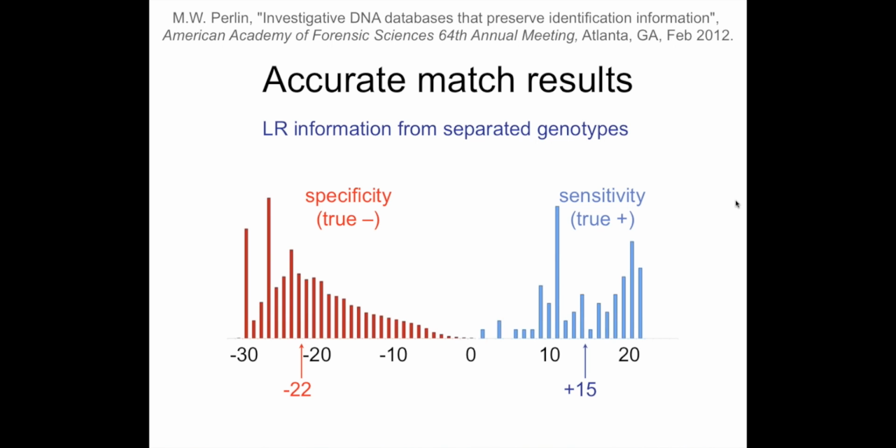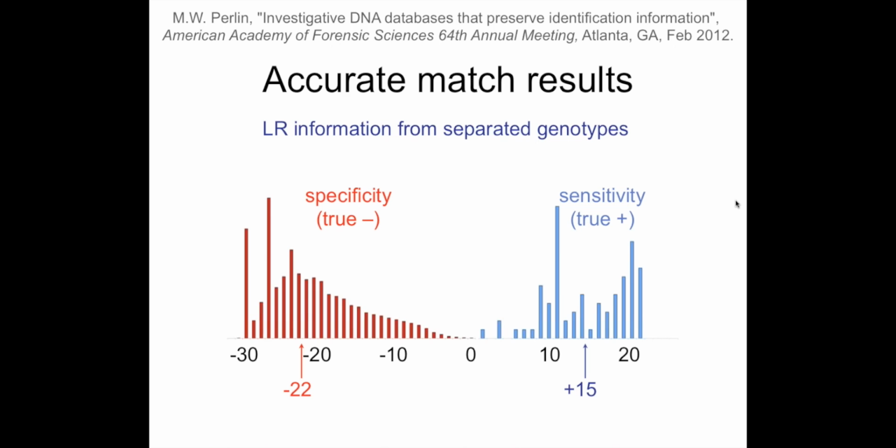So on these mixtures, on the right side, we're seeing the results of a sensitivity comparison with the true positives, as the mixture items were compared with the true contributor genotypes that were known. And then on the left side in red, we're seeing the true negatives, rejecting the matches or identifying mismatches and showing the specificity.